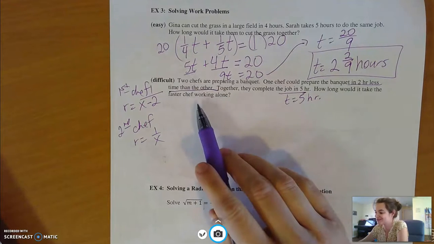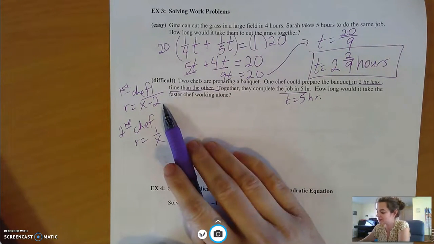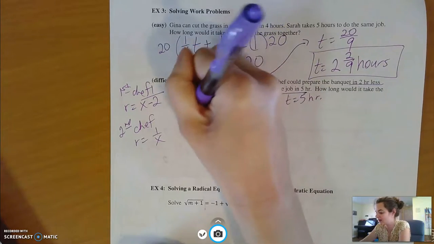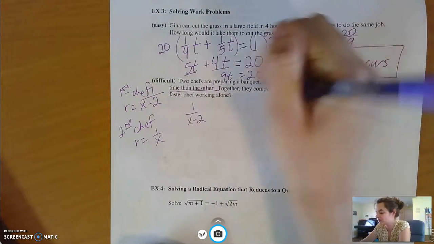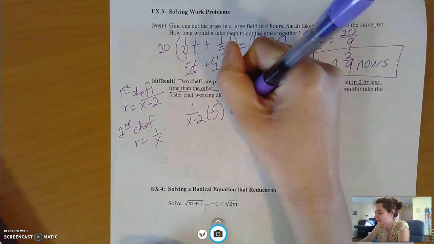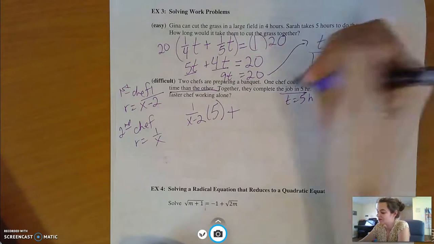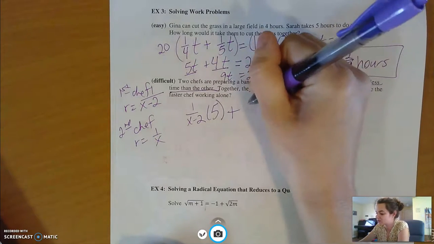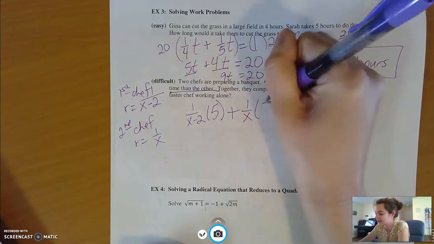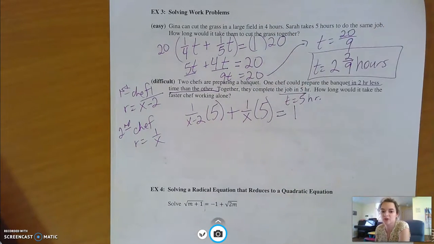So the setup for this one, for the first chef, we'll do rate times time. So we're going to do 1 over x minus 2, his rate, times time, which is 5 hours. They're working together, so we are adding our works together. The second chef's rate is 1 over x, and the time is 5 hours, equals 1 because they are doing one banquet together.